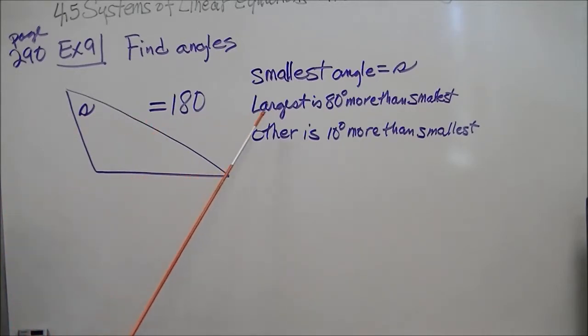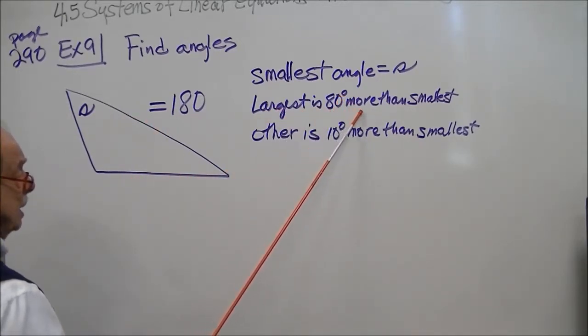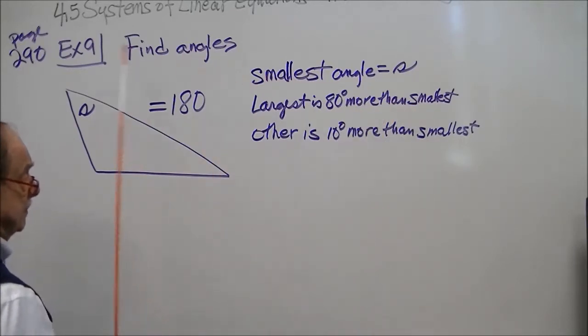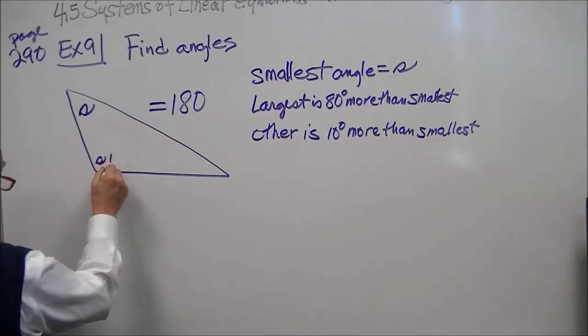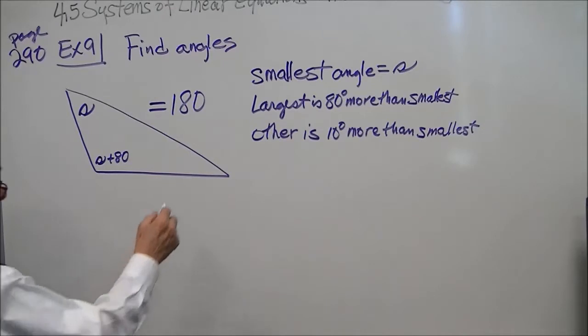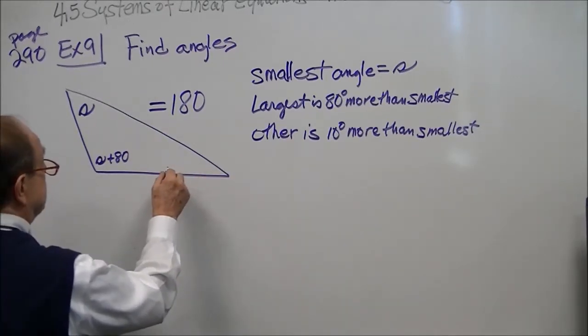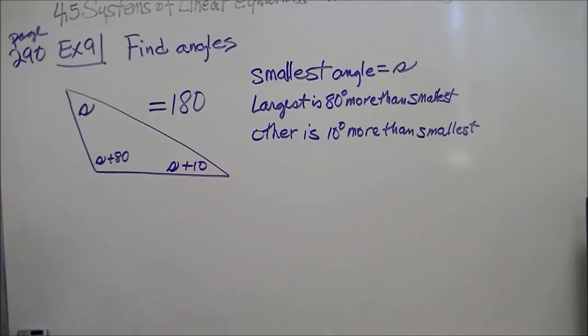Now the largest angle is 80 degrees more than the smallest. So we're going to have the smallest plus 80 degrees. And then the other angle, and I may have these a little bit off, but symbolically, is 10 more than the smallest. So here's the smallest plus 10.